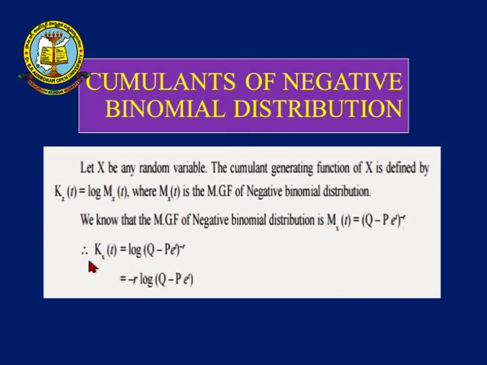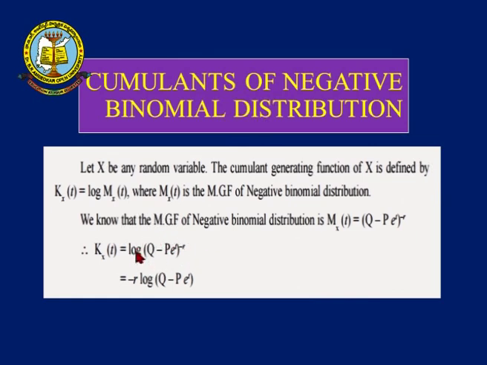Therefore, the cumulant generating function of this negative binomial distribution is K_X(t) equal to log of this function M_X(t), that means log of (Q minus P e to the power of t) whole to the power of minus r. This looks like the form log x to the power of n. What is log x to the power of n?